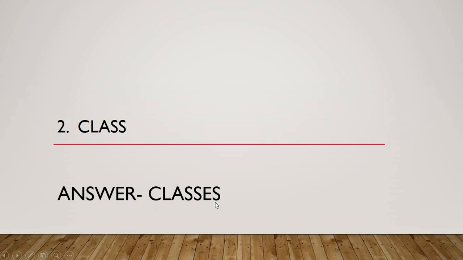Please repeat the spelling once after me. C-L-A-S-S-E-S, classes. If you are sitting only in the second standard class, I can say this is the second standard class. But if there are 3 classes for second standard, we say these are the 3 classes, second E, second D, second F. So more than one, then we say classes.